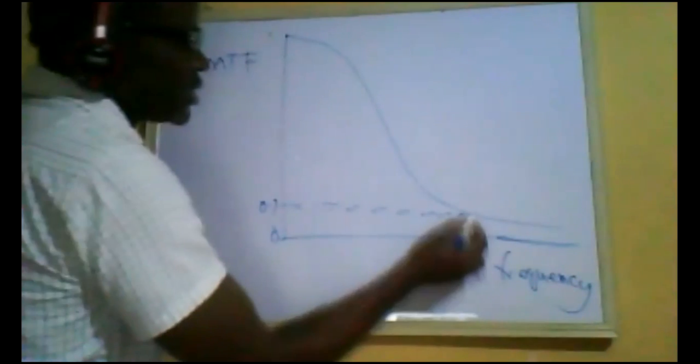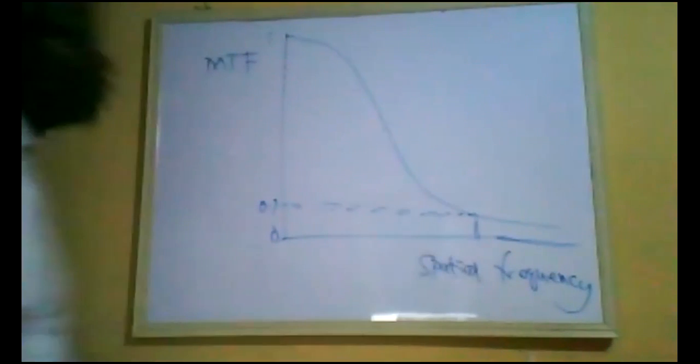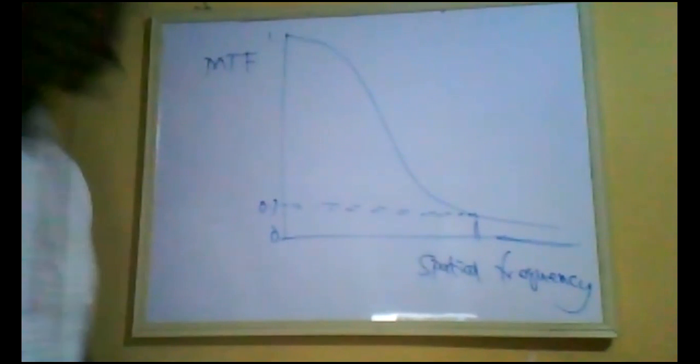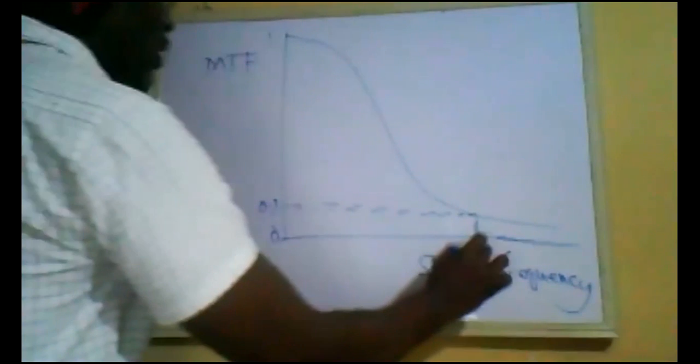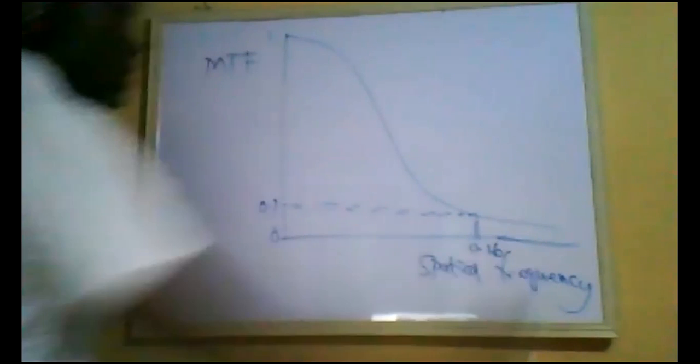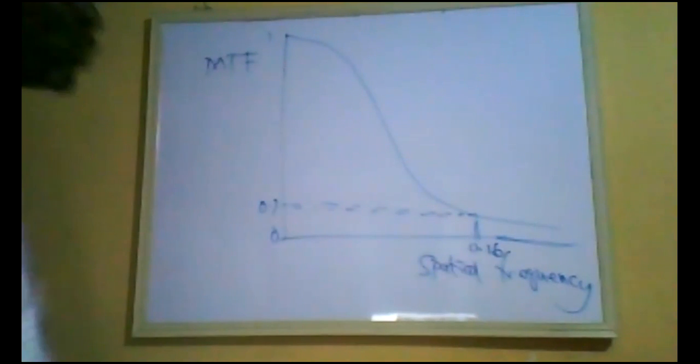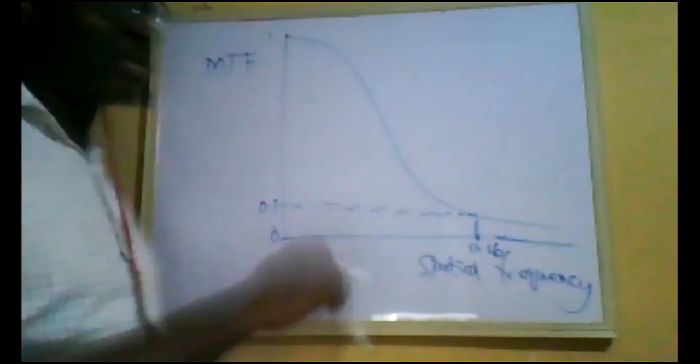Wherever it hits gives the limiting spatial frequency. Assuming we have 0.16 here, the limiting spatial frequency is 0.16 line pairs per millimeter. In that case, you can get the smallest object that a system can resolve.